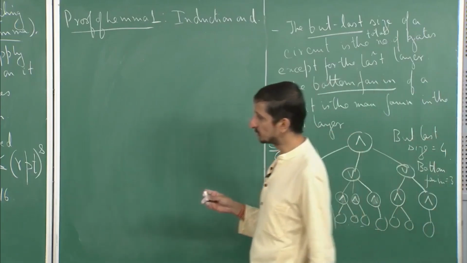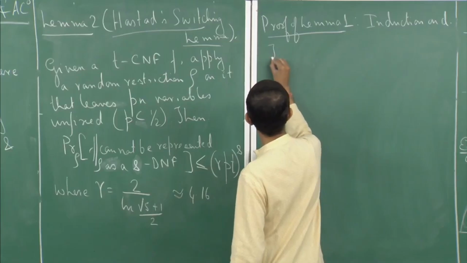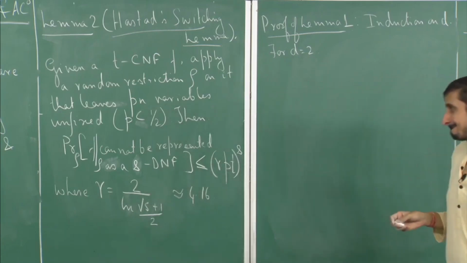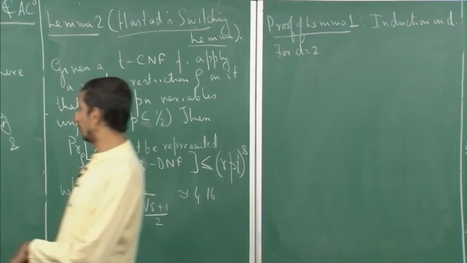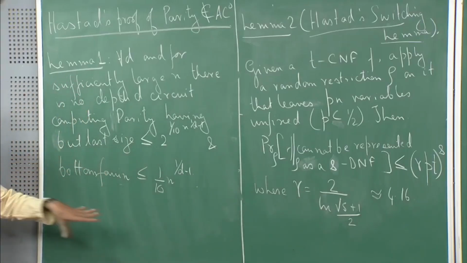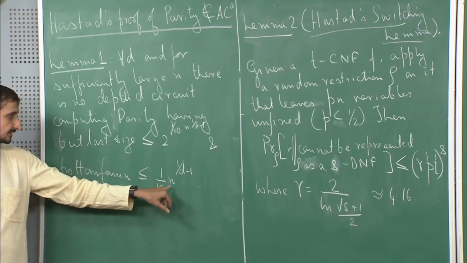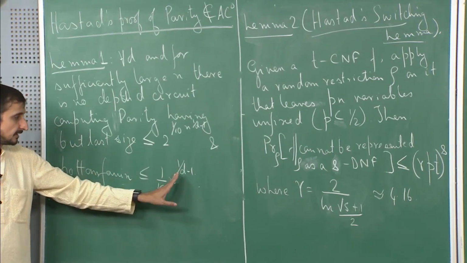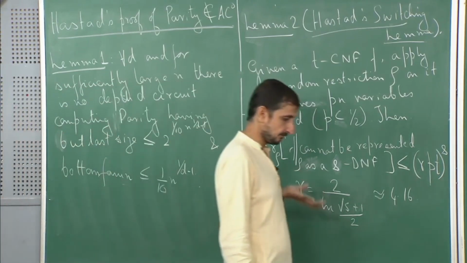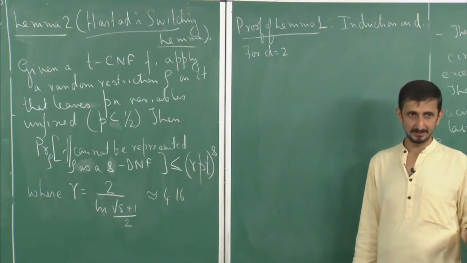What happens if D equals 2? If D is equal to 2, then what is the bottom fan-in that we have? The bottom fan-in that we have is less than n. So it is n to the power 1, so it is n by 10 basically, right? And if I have a circuit whose bottom fan-in is less than n, then I know that it cannot compute parity.